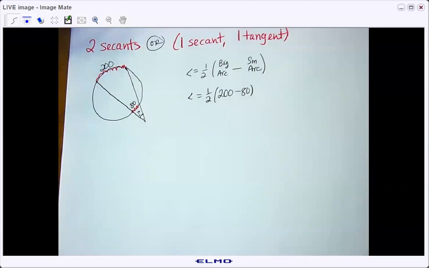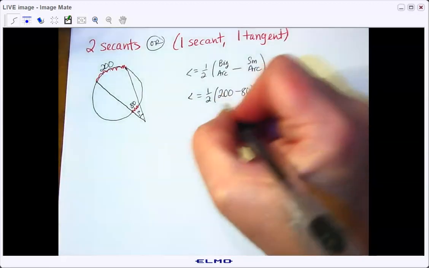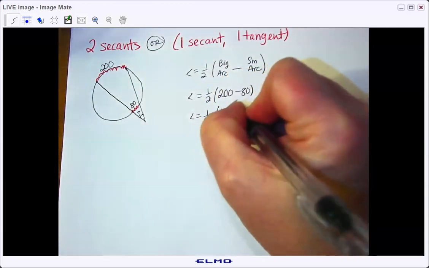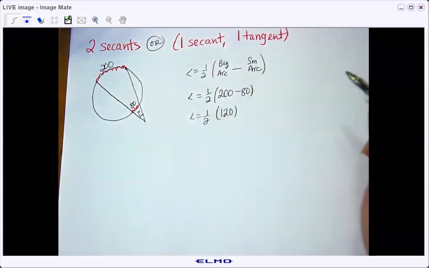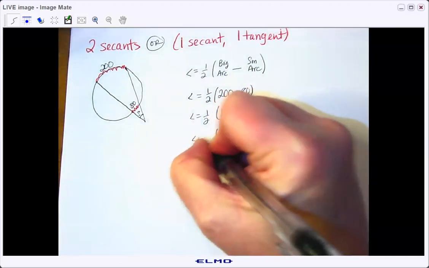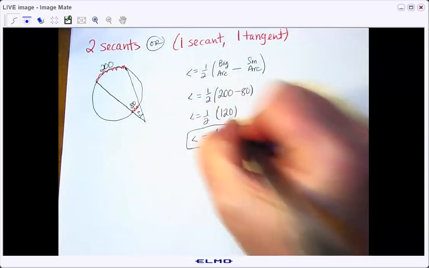Good. Okay. So when you subtract these, we get the angle is equal to 1/2 of 120. And half of 120 is 60. And I'd be done.